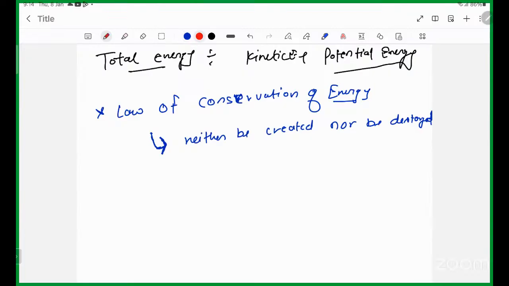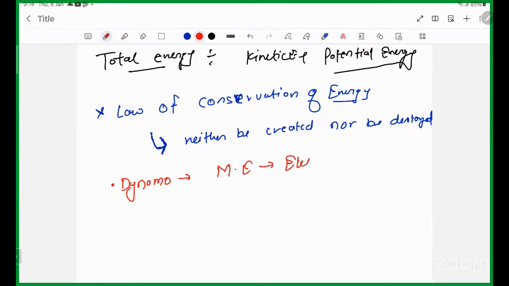In this case, for the changes of energy, we discuss two or three equipments which we use in our day to day life, like the dynamo, which is the equipment which converts mechanical energy into electrical energy.